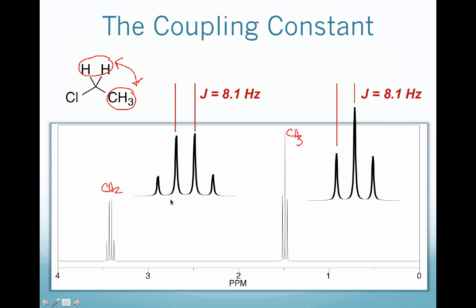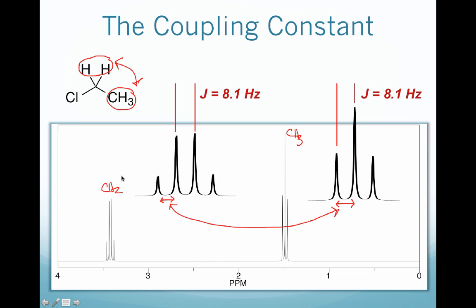So the distance from this first peak to the second peak in the quartet must be the same exact distance as the first peak and the second peak in the triplet. And this distance is the coupling constant. And it's measured in units of hertz.